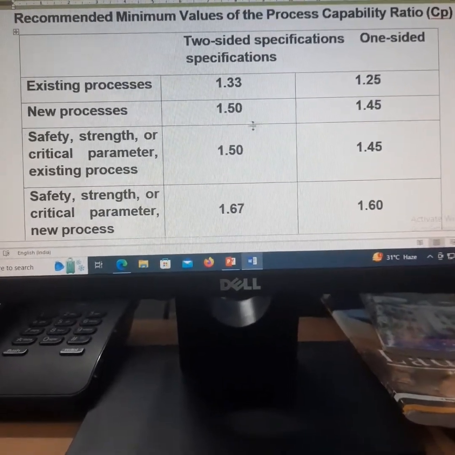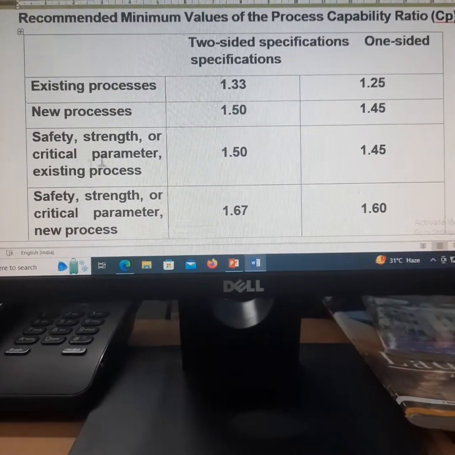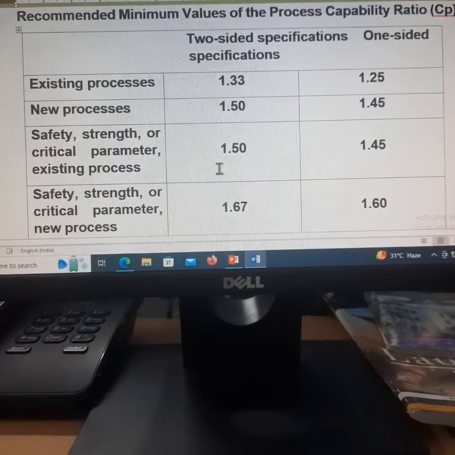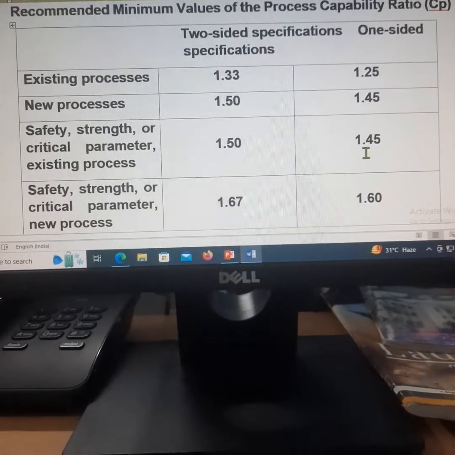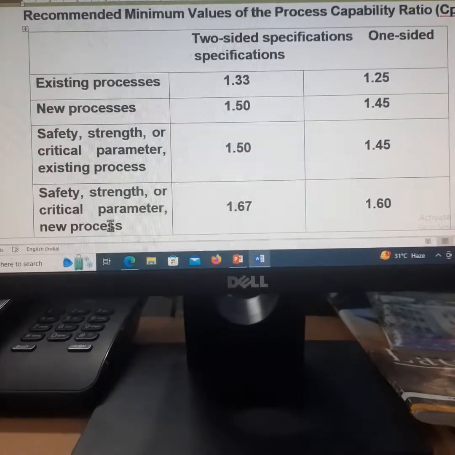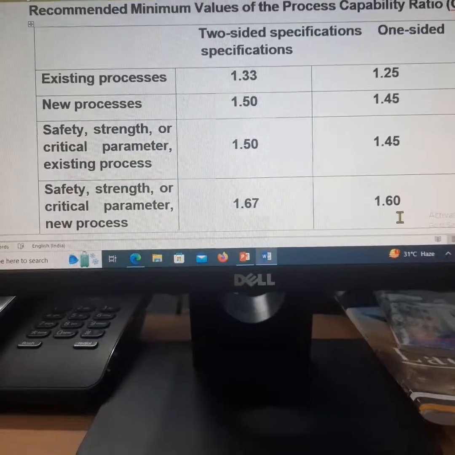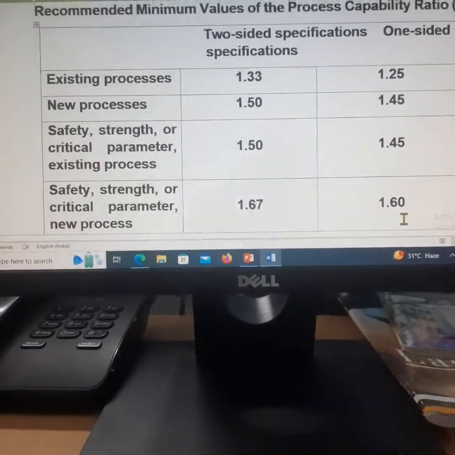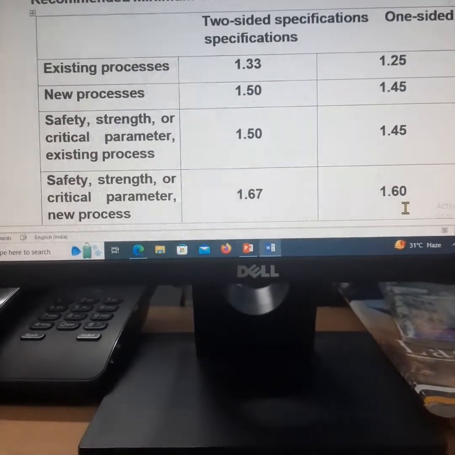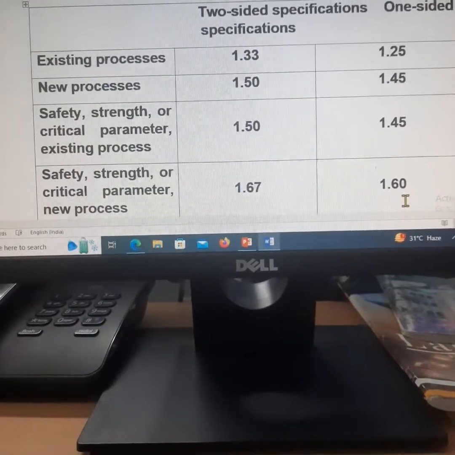For new processes, 1.5 and 1.45. For safety, strength or critical parameter, existing process 1.5, one-sided specification 1.45. And for safety, strength or critical parameter, new process 1.67 and one-sided specification 1.6. So these are the recommended minimum values of PCR for existing processes and new processes.